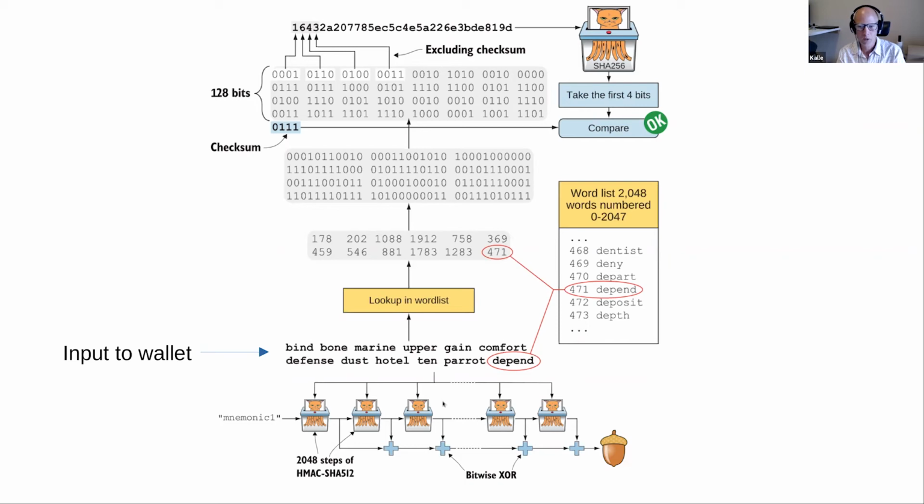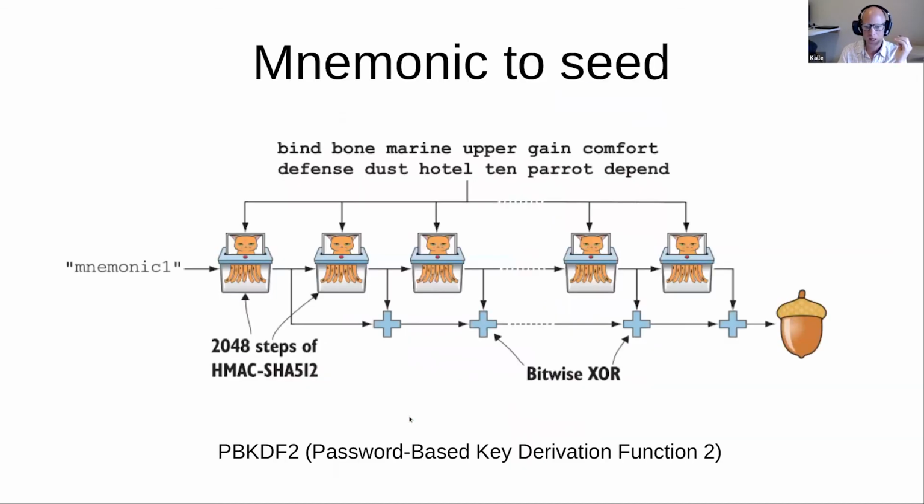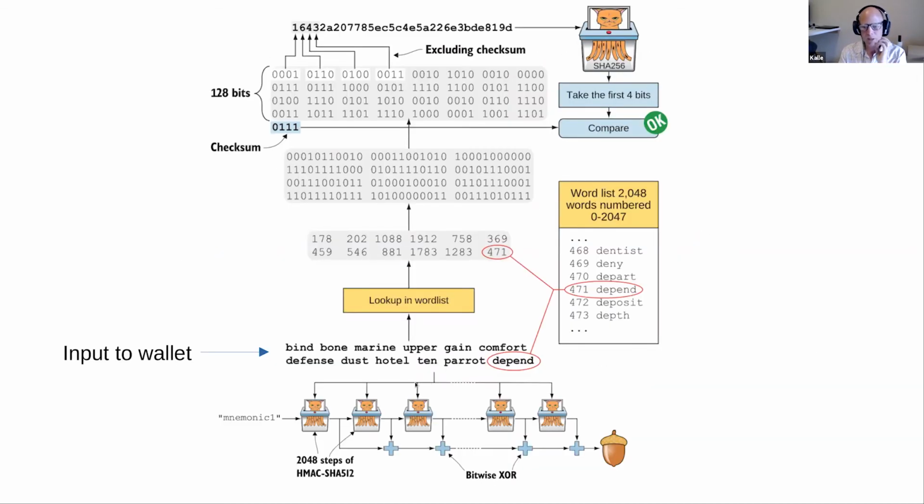And then it will go through the seed generation thing here with, what was the name of it again? PBKDF2. PBKDF2 to get the seed. And from there on, you can just generate all the subkeys.